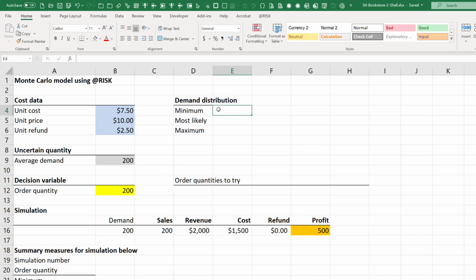And then you fit a kind of skewed distribution for that, called PERT. So let's say that the numbers are 100 at a very minimum, 175 is most likely, and if everything goes well, it'll be 300.